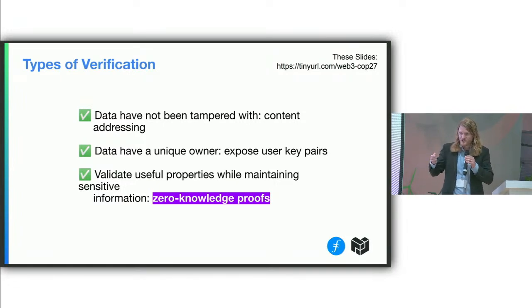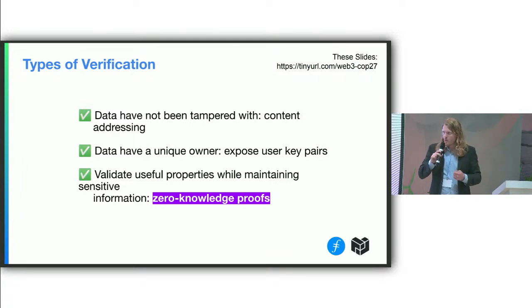You don't want just anyone who has access to this database to be able to change things and not know who changed what. If users have their own keys and that's exposed to the users, then you're able to say, okay, this person contributed this bit of data. So that's another type of validation: where did this data come from, or who did this data come from?